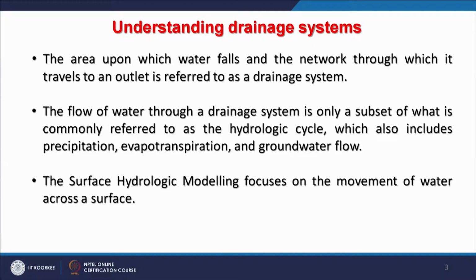Surface hydrologic modeling, as the name says, only takes care of the water which is flowing on the surface of a terrain or an area, and the assumption is that every drop of water will flow as surface runoff. So, this has to be remembered here.